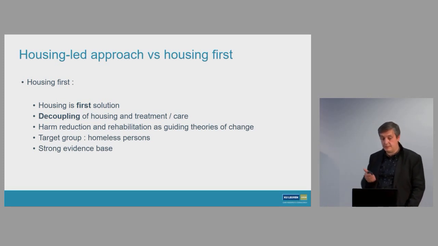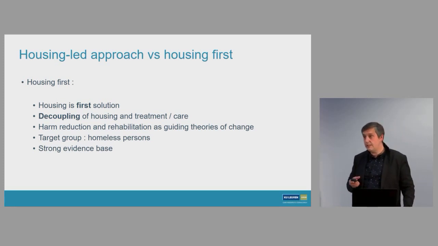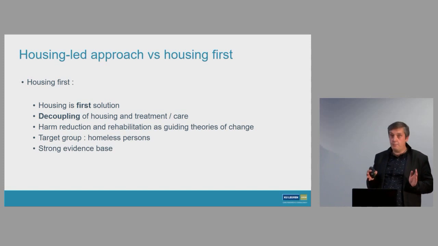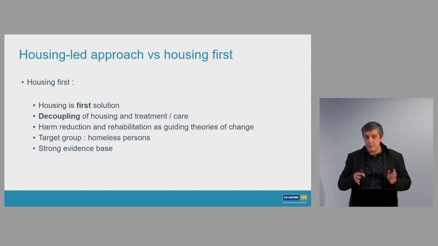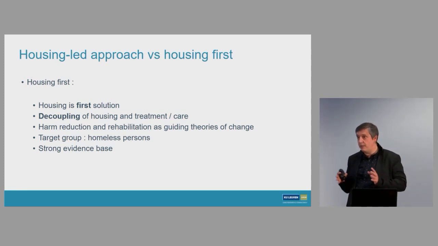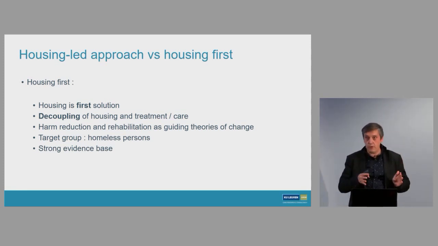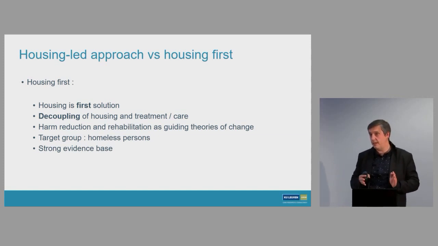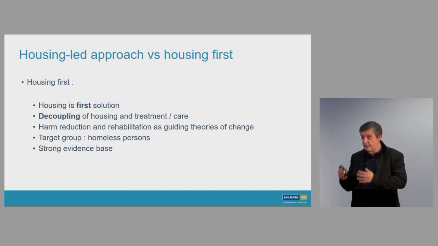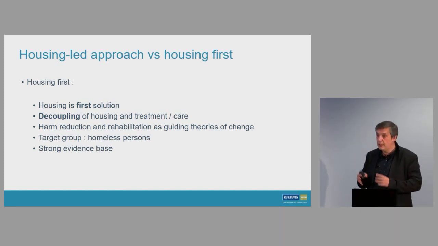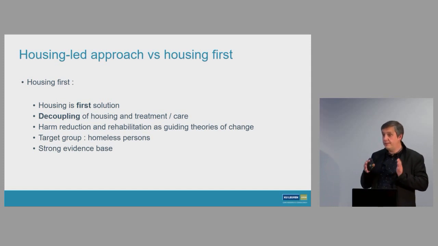This is the first. The second characteristic is that this housing opportunity is unconditional. So this means that we decouple housing and treatment and care. The support given by professionals is decoupled from the housing. So this means that homeless people staying in this kind of housing first project decide themselves if they want help or not.